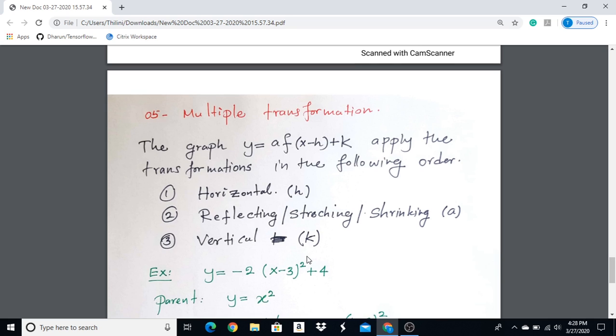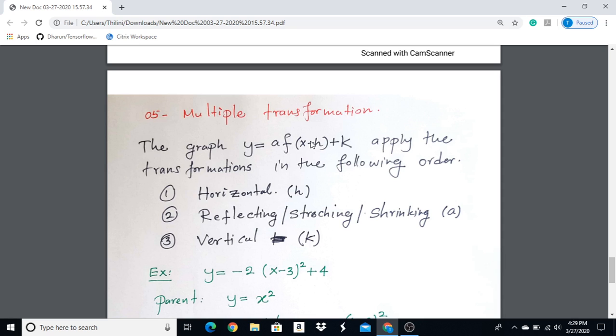But let's look at multiple transformations. Here we are going to consider all the transformations together in one function: y equals a times f of x minus h, plus k. Here a represents the stretching or shrinking, h is the horizontal transformation, and k is the vertical transformation. And we have to preserve this order.